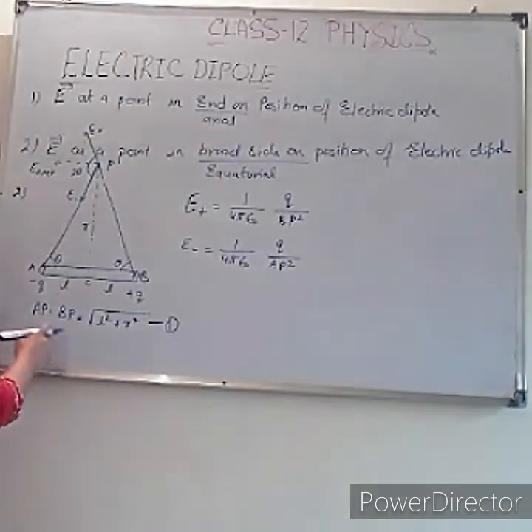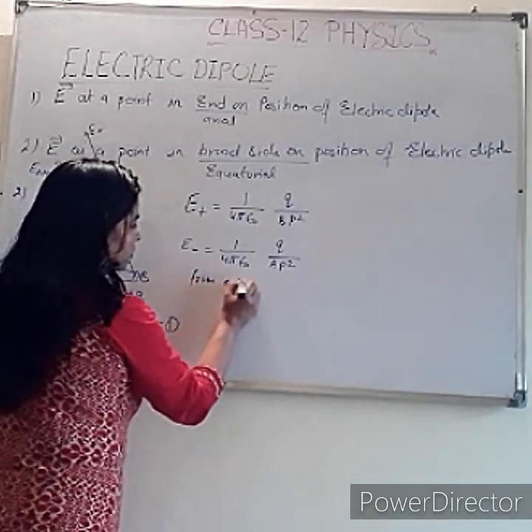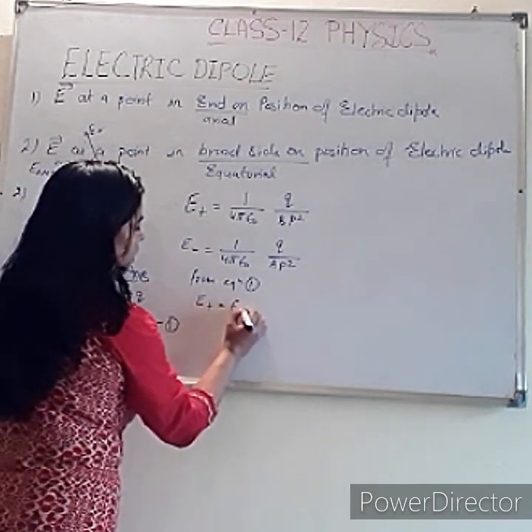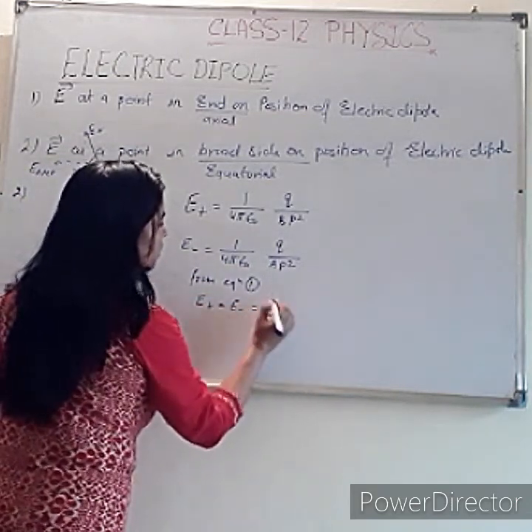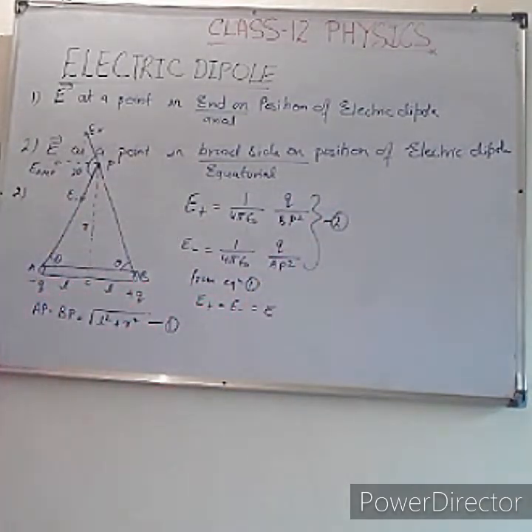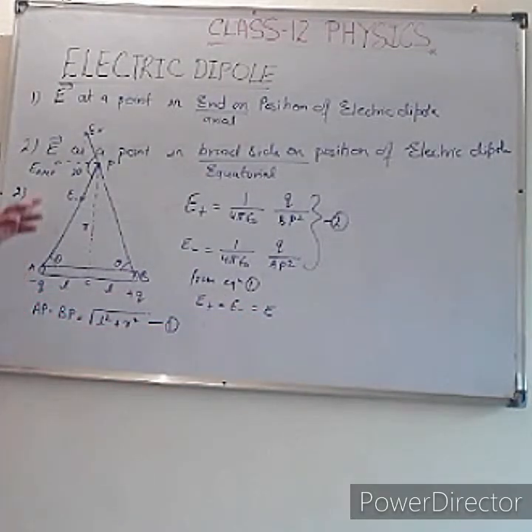Now you can see that AP and BP both are equal. So from equation 1, we can say that E plus is equal to E minus is equal to E. Name this equation as equation number 2. So this is the value of electric field at point P due to individual charges. Now we have to calculate the net electric field.